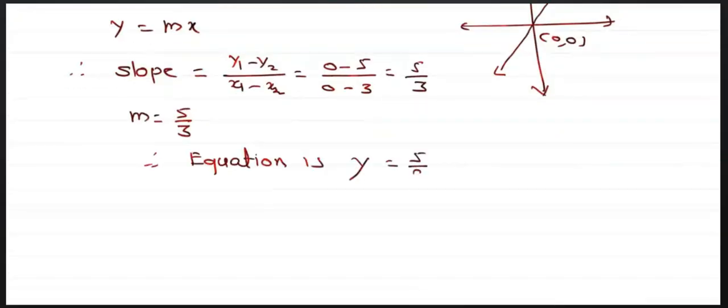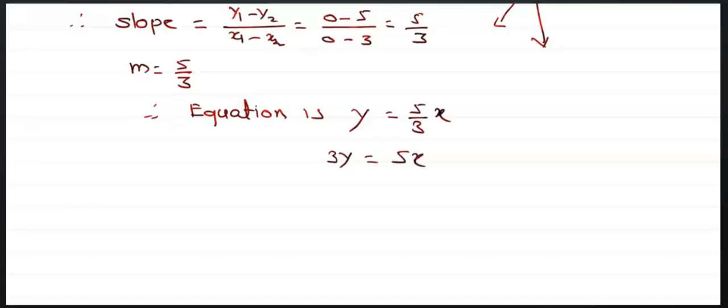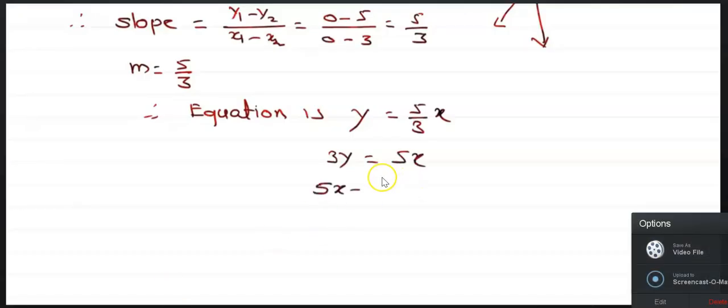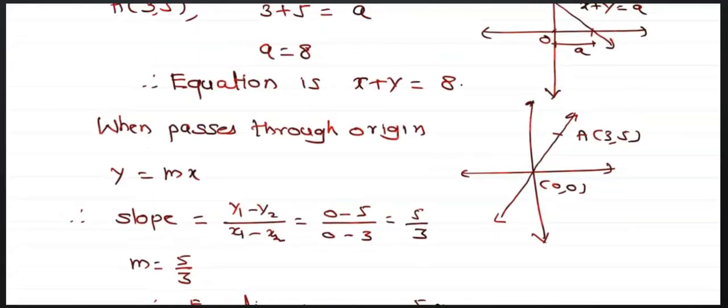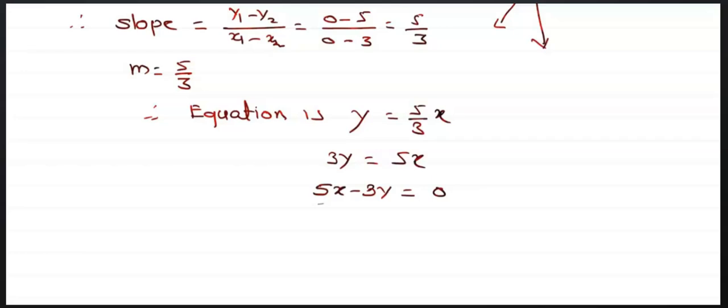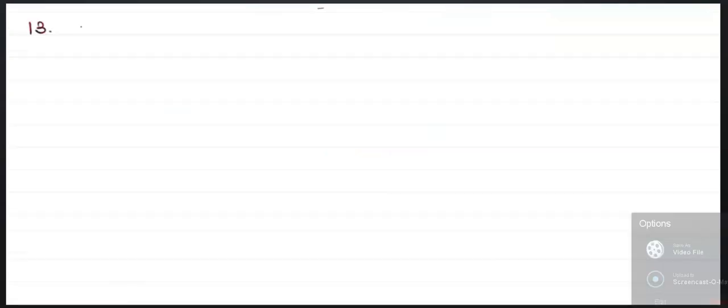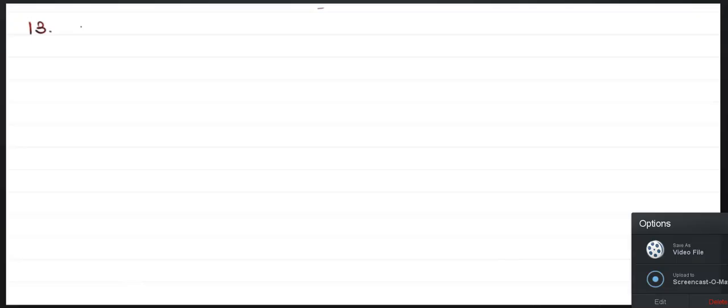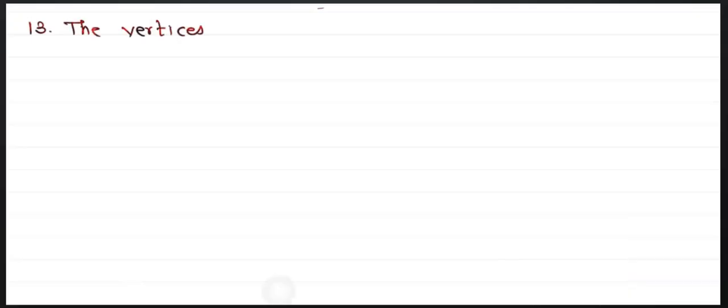Therefore the equation of the line which passes through the origin is y equal to mx, that is y equal to 5x upon 3, which is 3y equal to 5x, that is 5x minus 3y is equal to 0. This equation can also be formed.